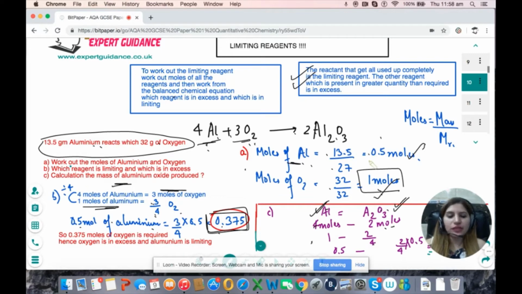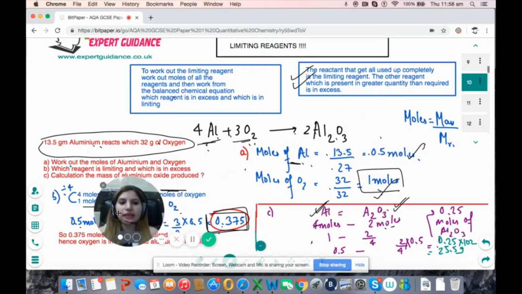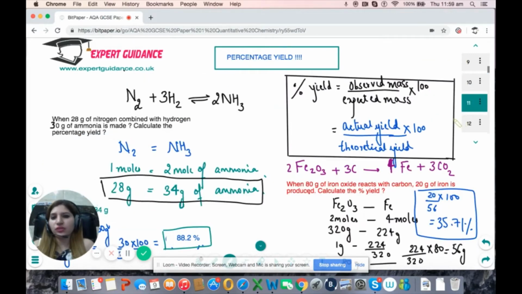Here we have how many moles of aluminium? 0.5. That will give you 0.25 moles of aluminium oxide, and you can multiply the 0.25 by the MR and you can get 25.5 grams. Okay, so I hope this calculation of the limiting reagent is clear to you. This is important. You should know the definition of limiting reagent and how you work out the limiting reagent.